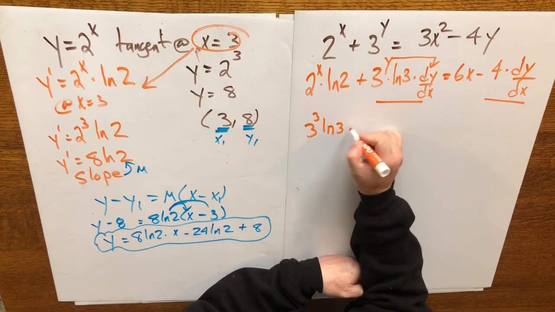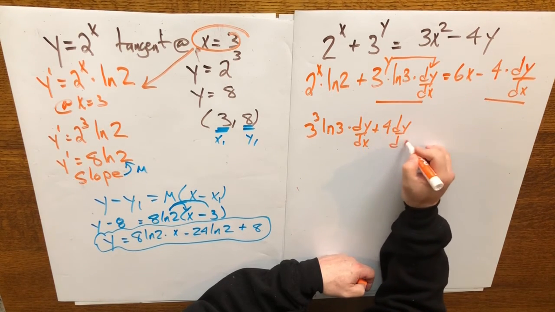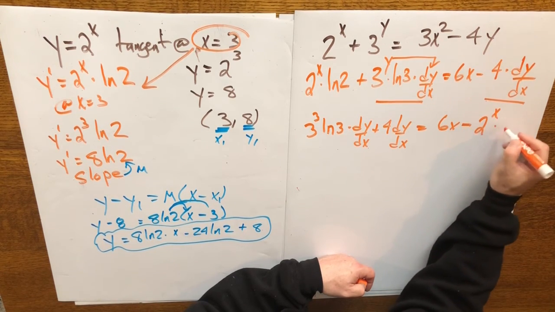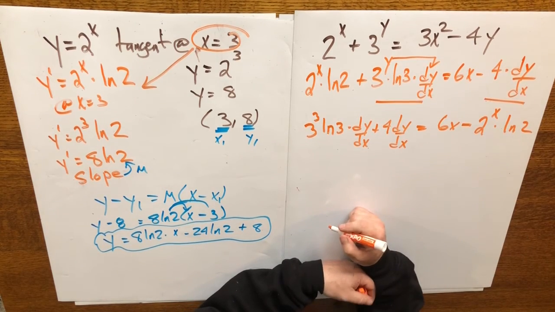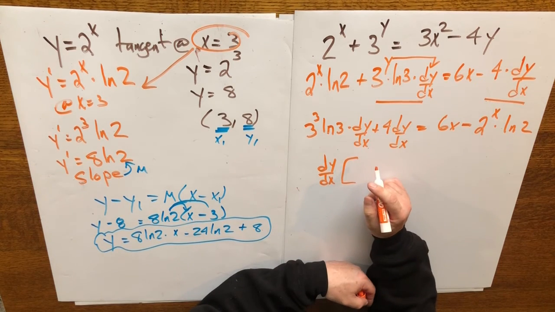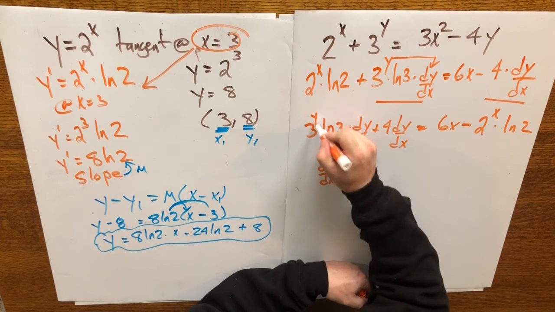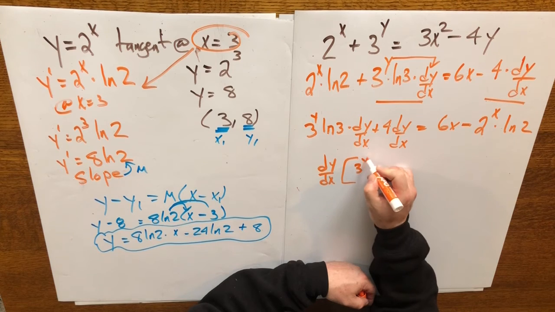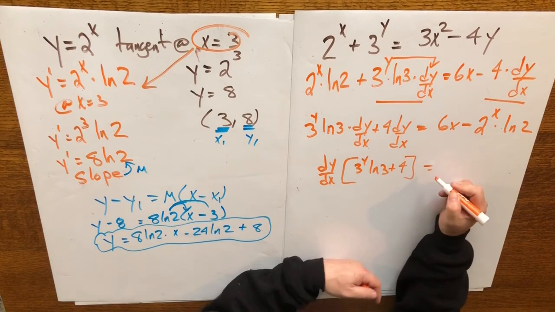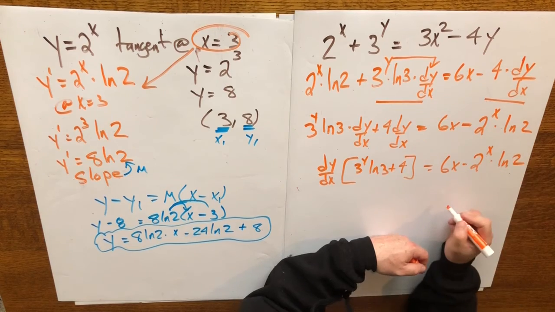3 to the y times ln 3 times dy over dx plus 4 dy over dx equals 6x minus 2 to the x times ln 2. Common factoring out a dy over dx, you get 3 to the exponent y ln 3 plus 4 equals 6x minus 2 to the x times ln 2.